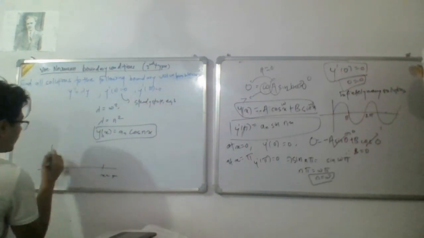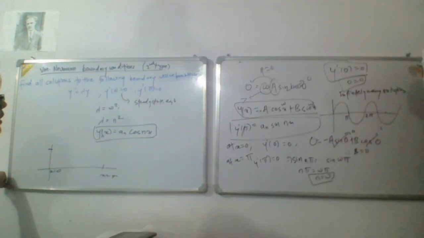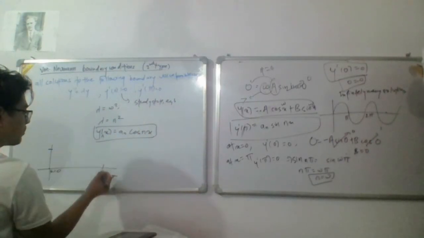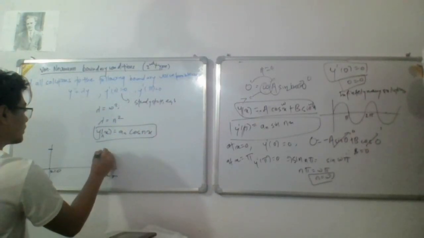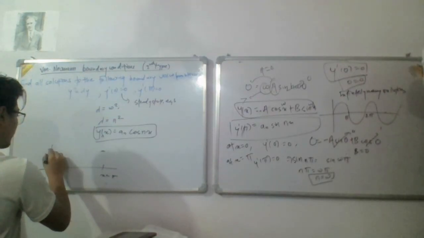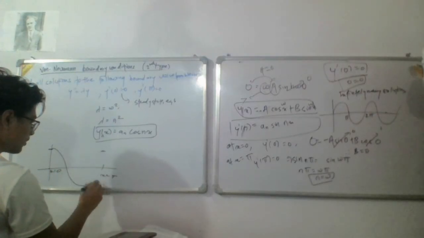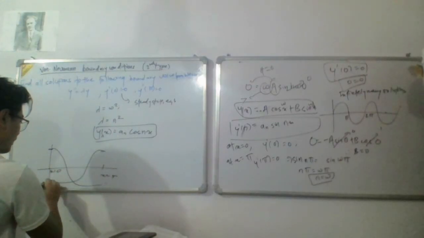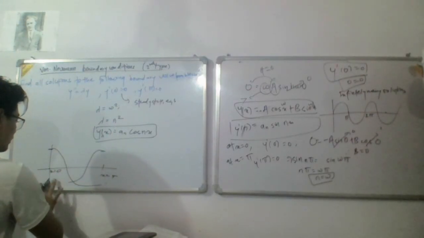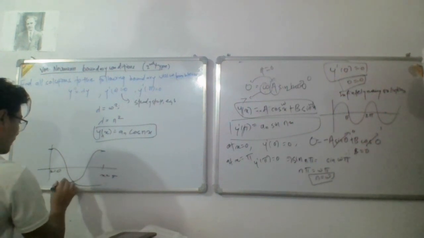So we can say it starts at this point, goes to pi, and is again at the steady state. It may go like this, like this, or like this. It may be anything, or it may go like this.